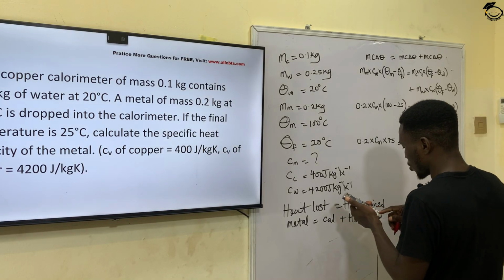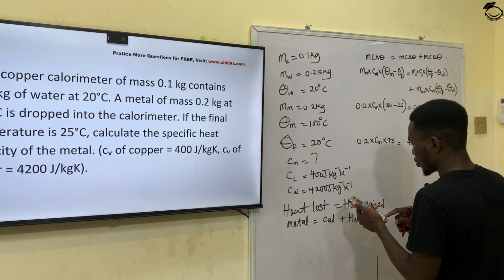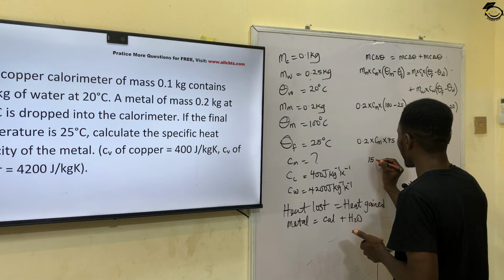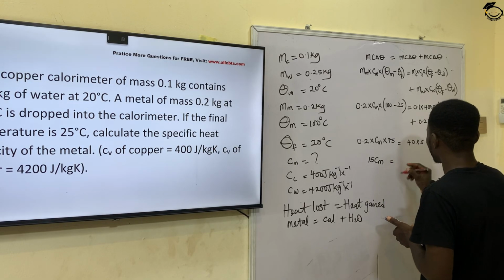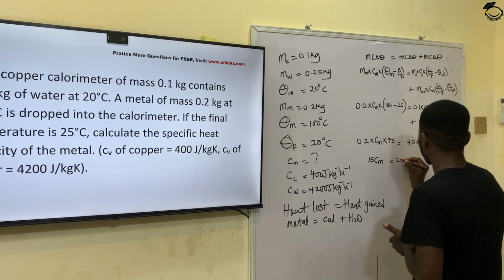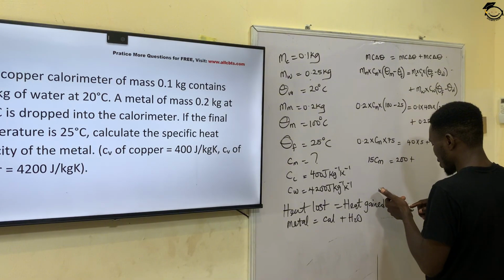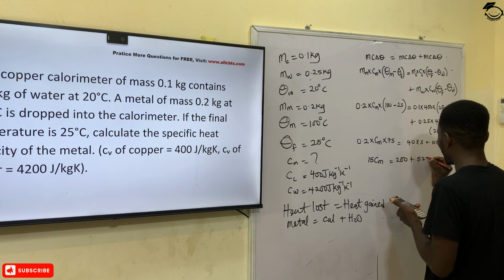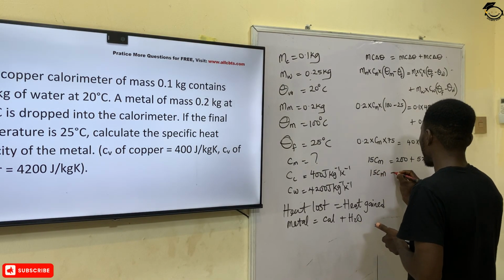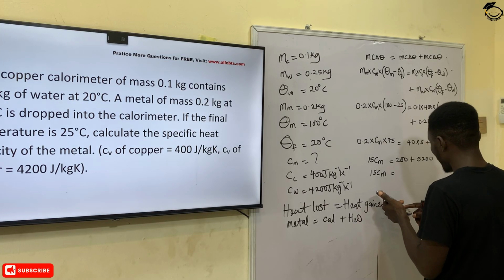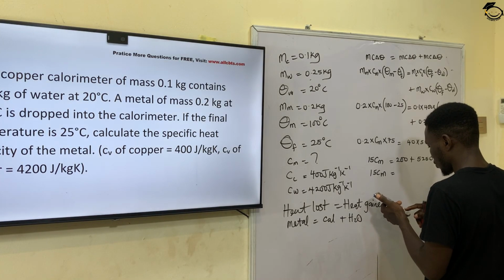So 0.2 times 75 gives me 15 Cm equals 40 times 5, which gives me 200, plus 1,050 times 5, which gives me 5,250. So my 15 Cm is equal to 5,450.